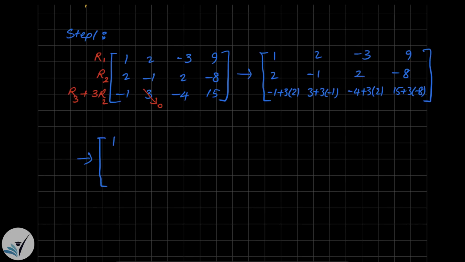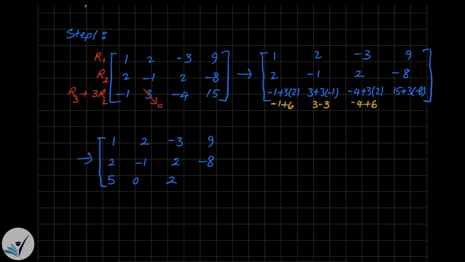So we have 1, 2, -3, and 9 on the first row. On the second row, we have 2, -1, 2, -8. And on the third row, we have -1 plus 6, 5, 3 minus 3, 0, -4 plus 6, 2.